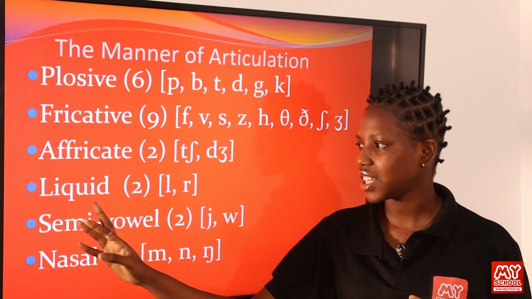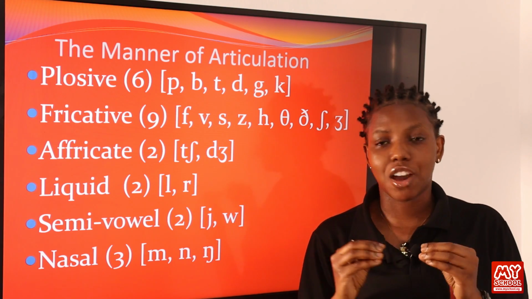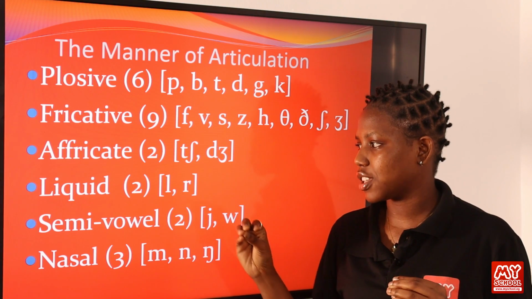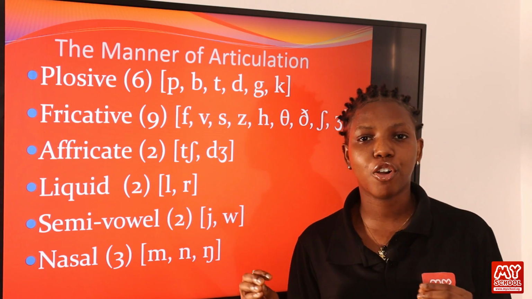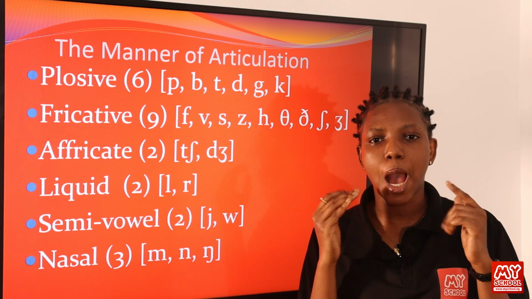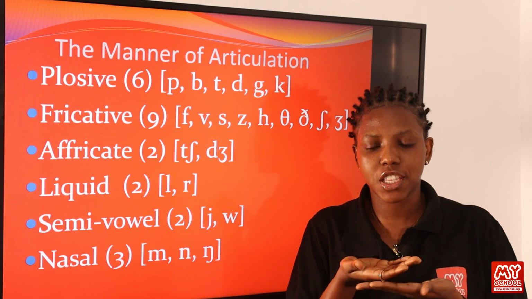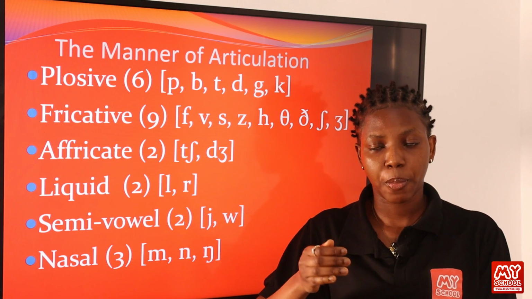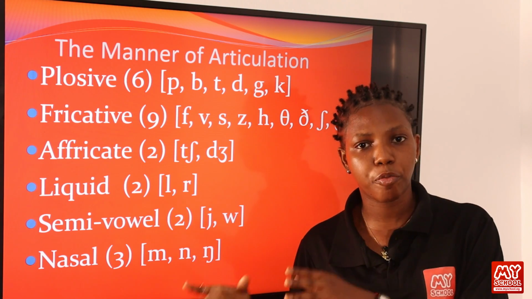The next is liquid. Now, these sounds are called liquid because air escapes through the side of your mouth. And what happens to your tongue? Your tongue is curved. It's called a convex curved position.